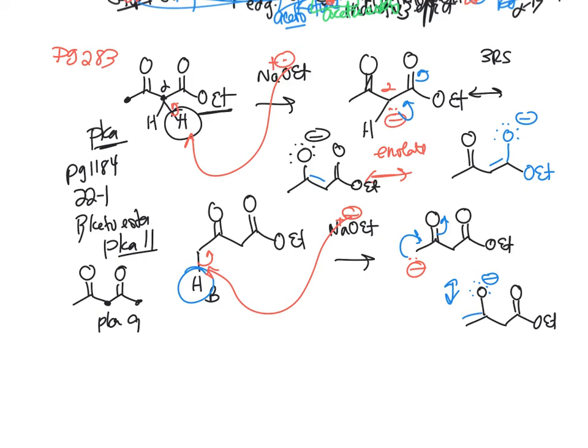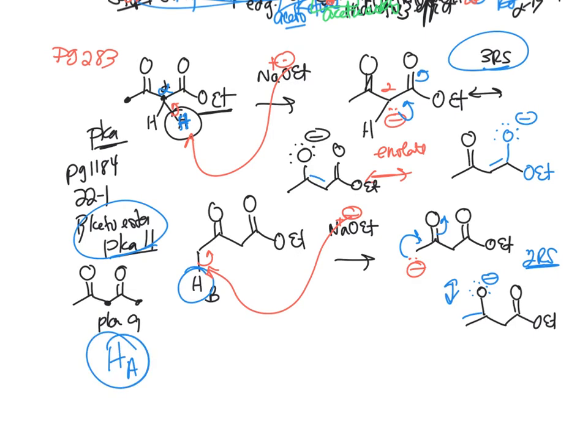All right, so you only have 2 resonance structures here. 1, 2. This one has 3. And that is why this proton is more acidic on this alpha carbon, and it actually has a pKa of 11. So which hydrogen of the two choices shown in 5C would be the most acidic? HA. And it's because of 3 resonance structures versus 2.